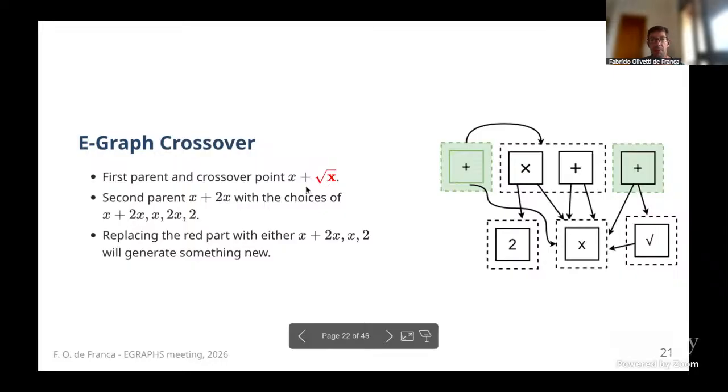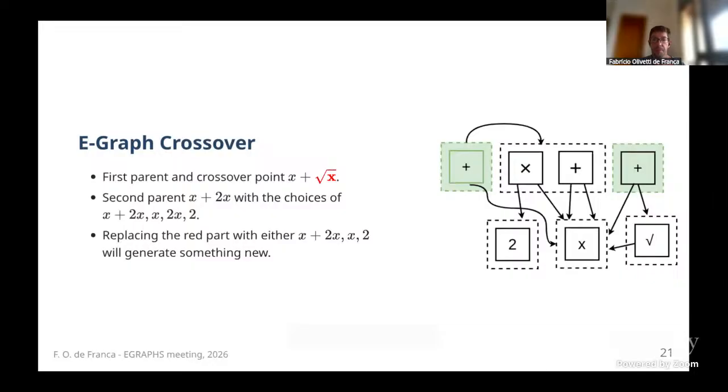We can replace this with this whole expression, with x, with 2 times x, or with 2. It's all the sub-expressions that we have here. And we can actually do all of these replacements, and before evaluating the expressions, we can check which ones generate something that is not contained in the graph. And then we sample just one of these candidates and do the evaluation.